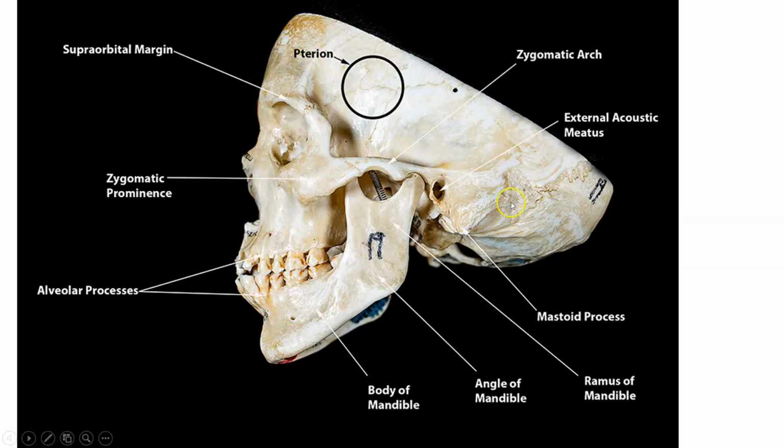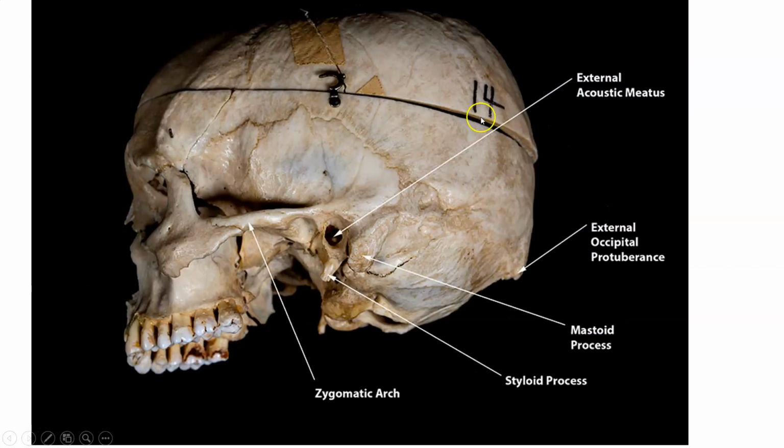There's also an external acoustic meatus or auditory meatus, and this external auditory meatus is where the sound waves come in to reach the eardrum. Here is the occipital bone, and one part you can find is the external occipital protuberance. See if you can feel that on the back of your head.